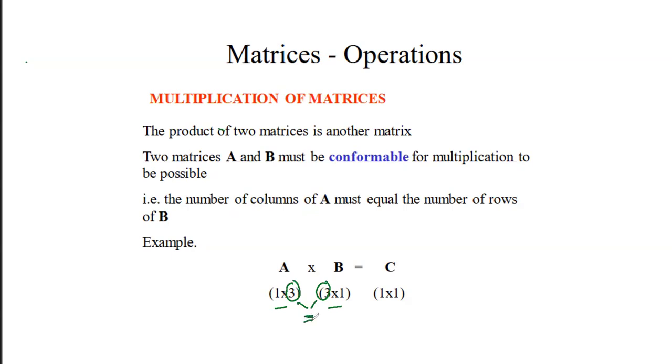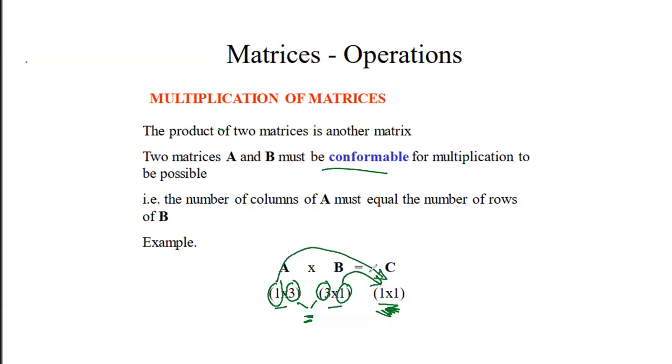If they're not, the matrices are not conformable, and therefore you can't multiply. The resulting matrix has the number of rows in the first one by the number of columns in the second.